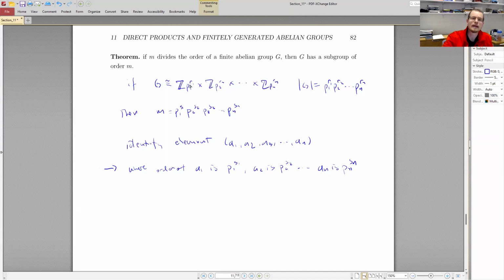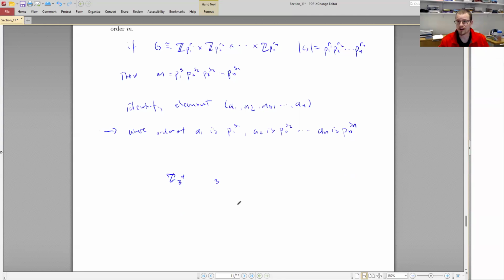Anyway, I know that I can find an element of this order in here, because I can just take, for example, let's say I have Z sub 3 to the 4th power. That's 81. And let's say I want to find an element of order 3. Well, all I have to do is take 81, divide it by 3, and say, oh, look, 27 has order 3. You take this thing, divide it by the desired order, and it identifies exactly the element that you're looking for in there.